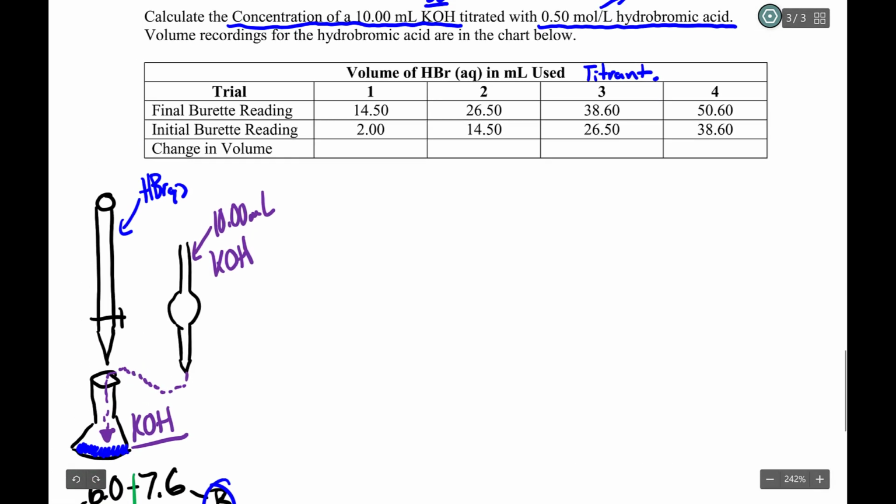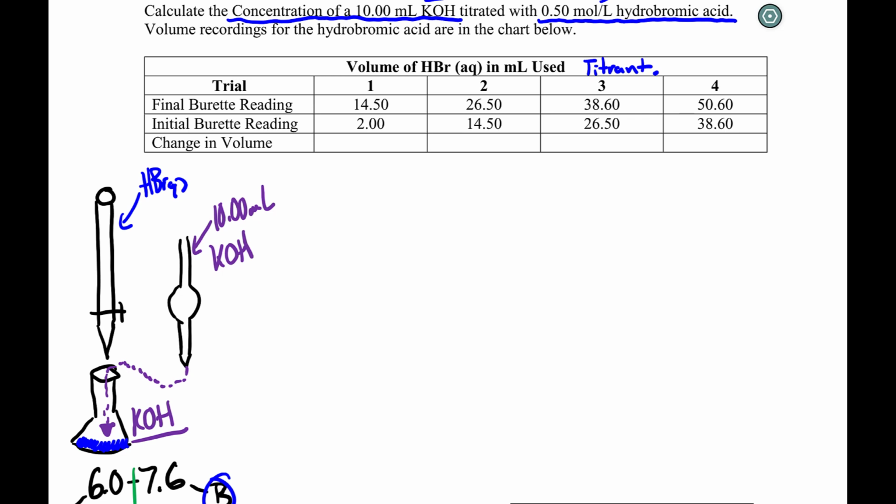All right, next, let's do our volumes. So the first one would be 12.50, and then we have 12.00, then we have 12.10, and then we have 12.00. And so there's 3 that look good here. That means I get rid of this one here.